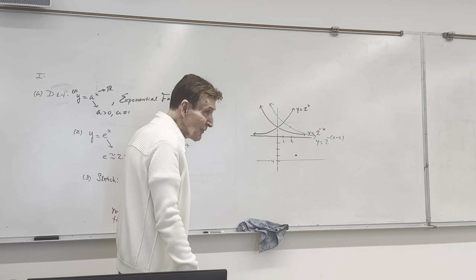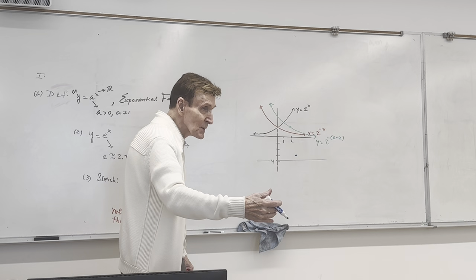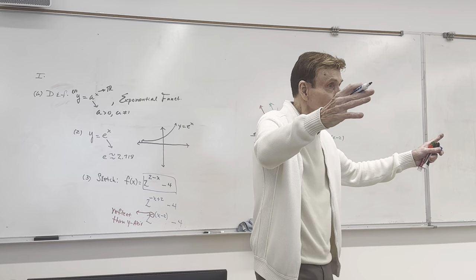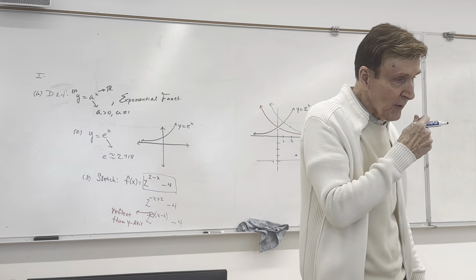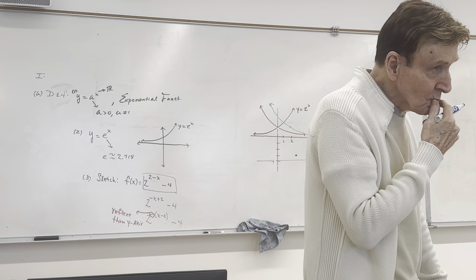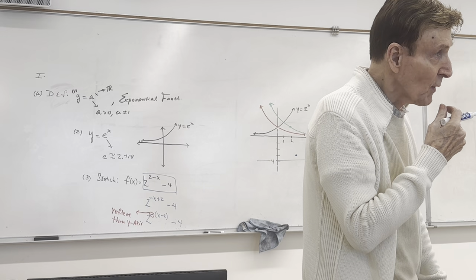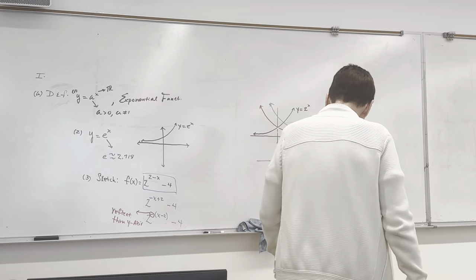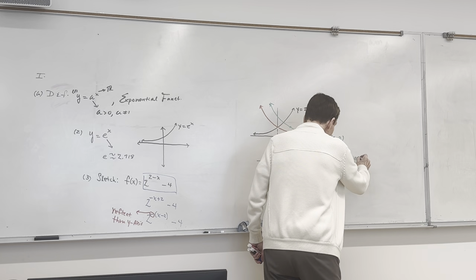Might that be enough? What do I usually ask when I ask you to do a transformation? When you finally get to the last graph, what do I usually ask you to find? I usually ask you to find the x and y intercepts at the end, don't I? On transformations. So the x-intercept here, go ahead and do it.